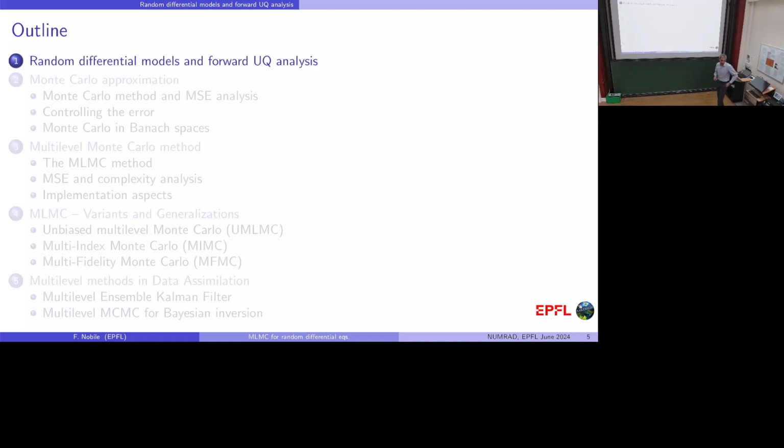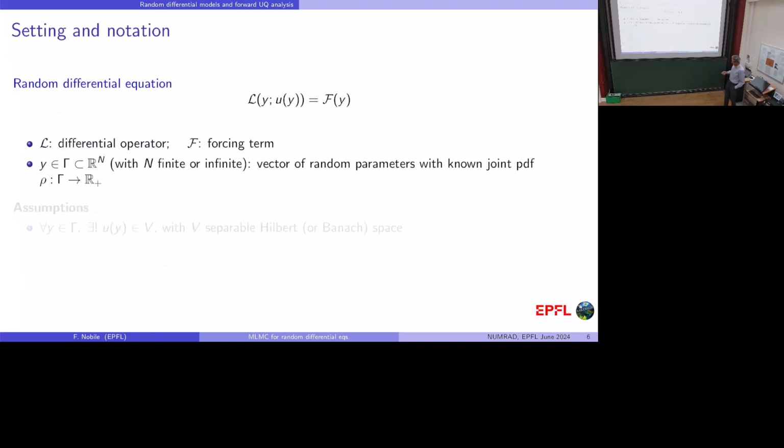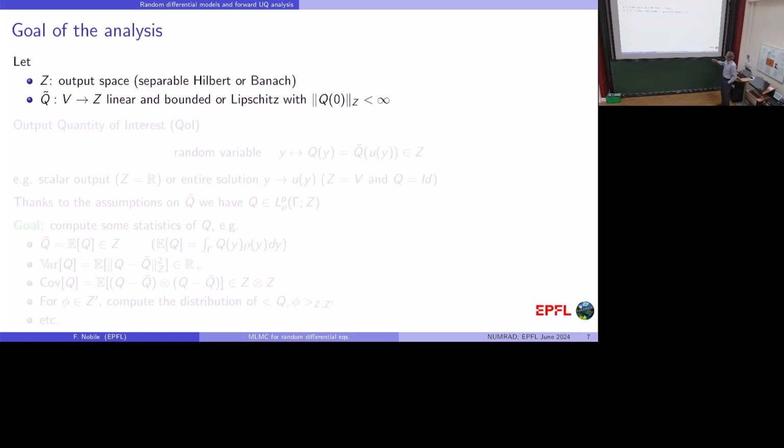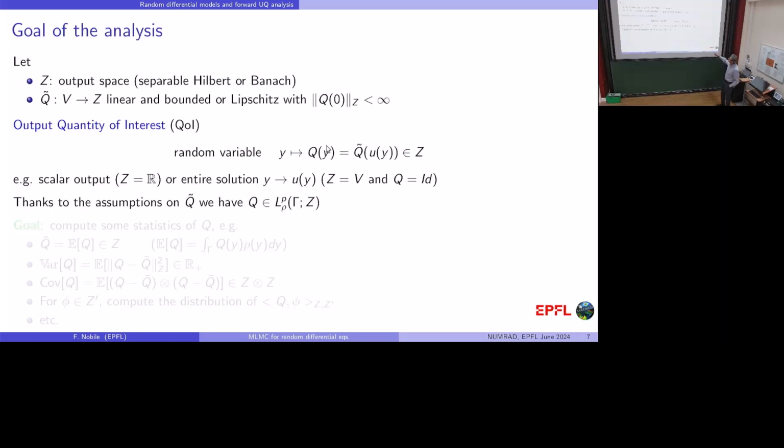Just for those of you who were not here yesterday, I recall the notation that I will use throughout. Suppose I have some random equation, parametric, with a random coefficient. So u is a solution and Y is the randomness in the system, and we are after some quantity of interest, some output Q, which is a Q tilde of u, some output computed from the solution of the differential model.